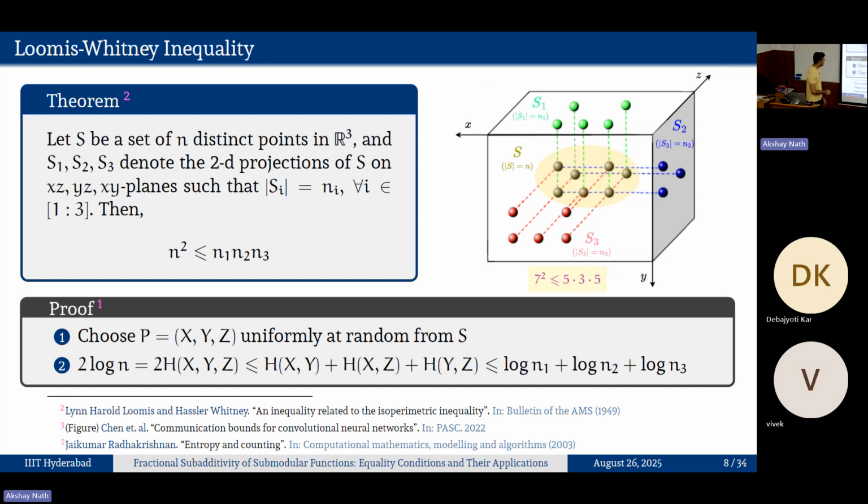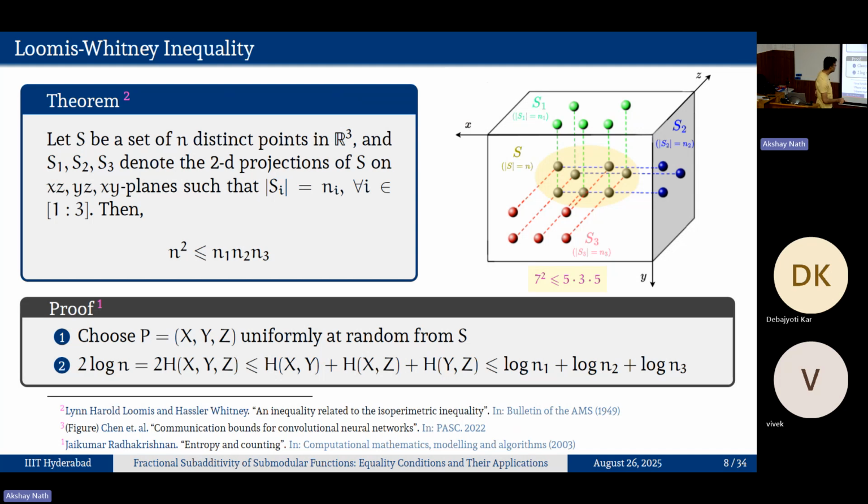I know that its entropy is maximized because it's a uniform distribution. I know the distribution of the points, but I don't know the distribution of its projections. It's okay, I don't have to really know the distribution. I can just simply bound it by the value when it is uniform.